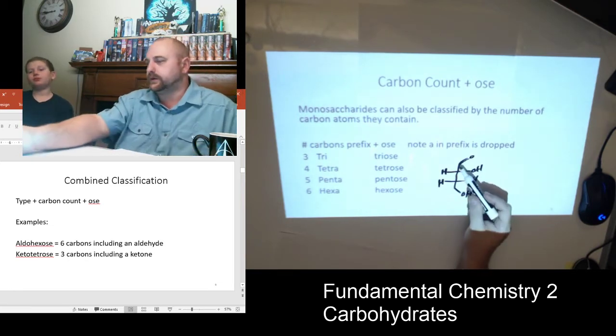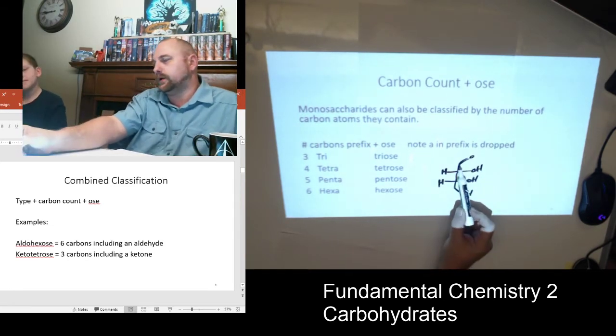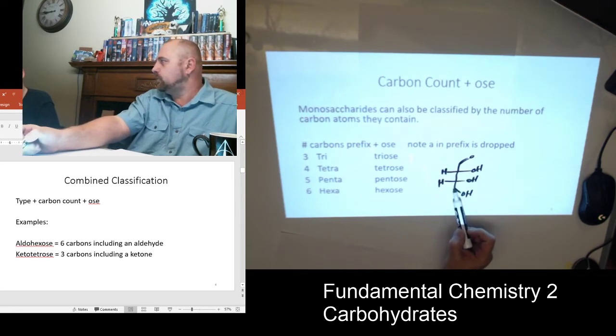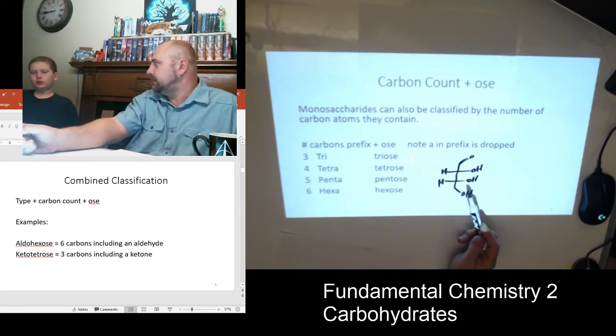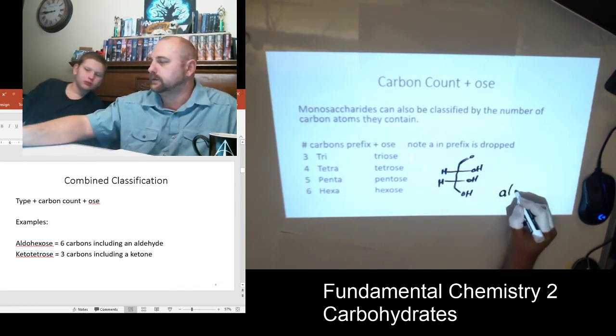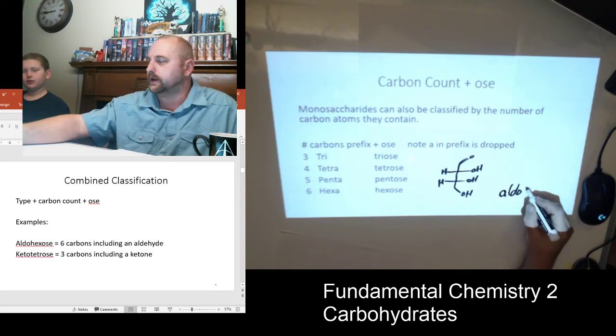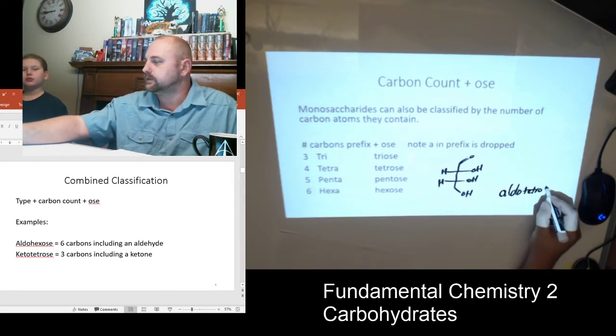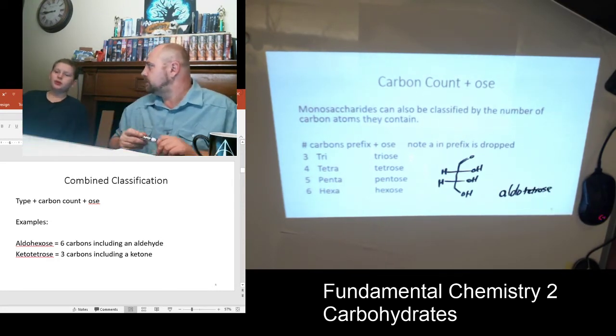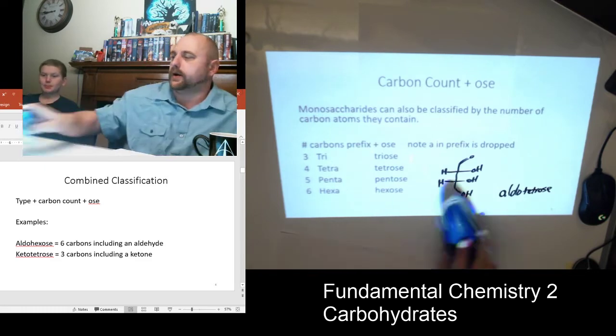This one's an aldehyde, and it has 1, 2, 3, 4. So aldehydes have aldo, and what was 4? 4 is tetra, so it'll be an aldotetrose.